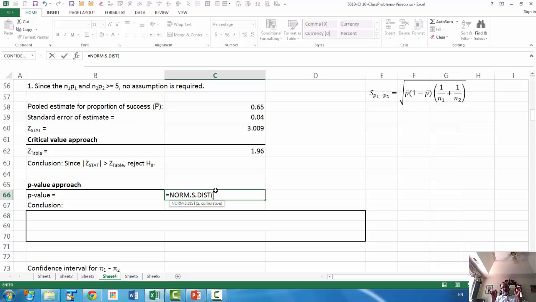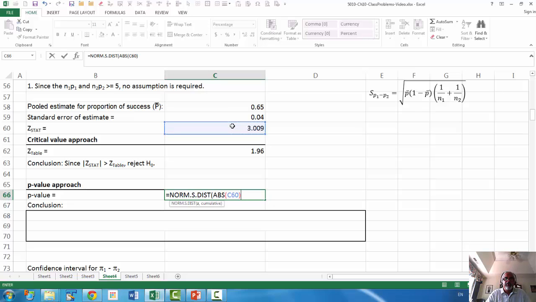The p-value, again, we need to use NORM.S.DIST. We want the tail area, and the z value could be positive or negative, so we force it to the positive side by taking the absolute value of the calculated z.